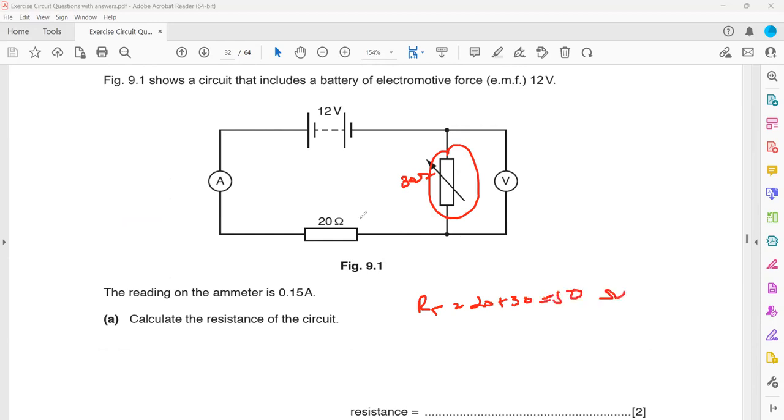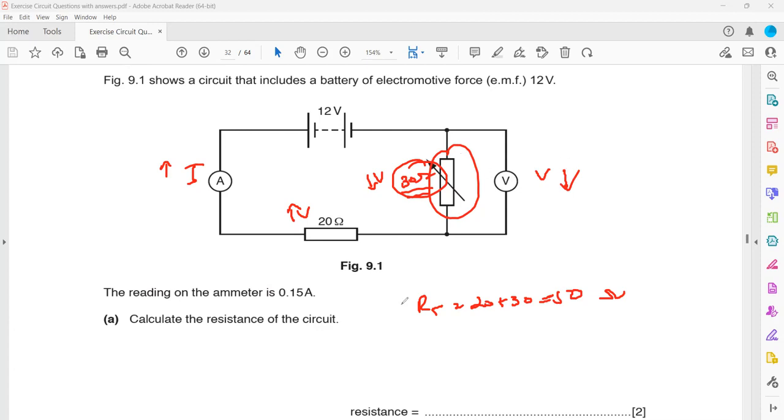So if the combined resistance is decreasing, the current will increase. But because the resistance of this part is decreasing, there will be less voltage here. In comparison, there will be more voltage across the fixed resistor. And the voltmeter is in parallel to the variable resistor, so there will be less voltage across the voltmeter.